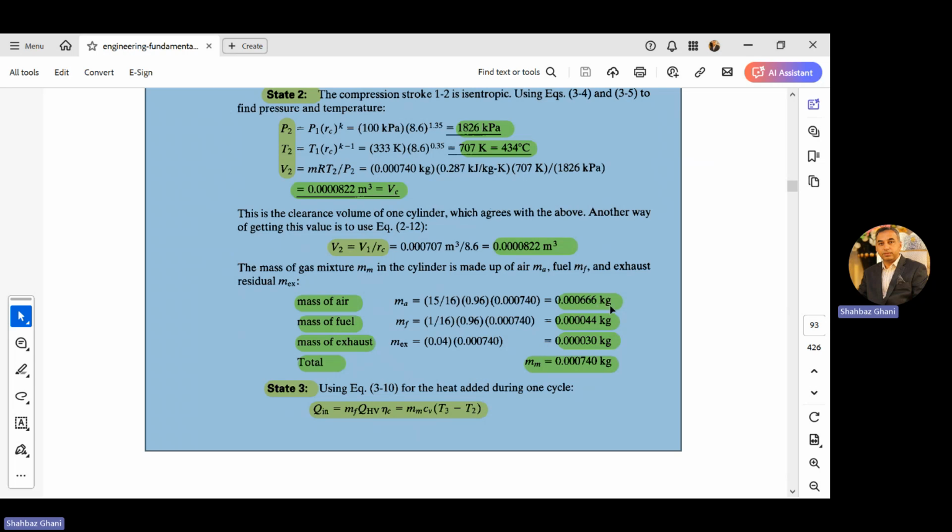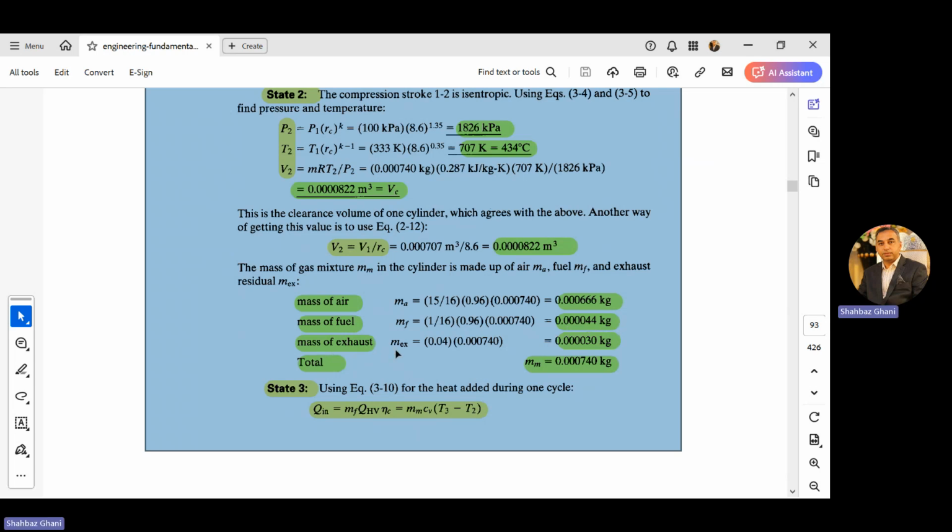So the mass of the air in the mixture is 0.000666 kilogram. In the same way, for the mass of the fuel, we have 15 parts air to 1 part fuel, so 1 by 16 times 0.96 times the mass of mixture comes out to be 0.000044 kilogram.